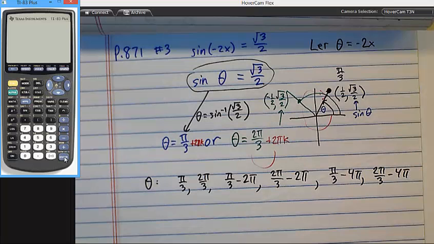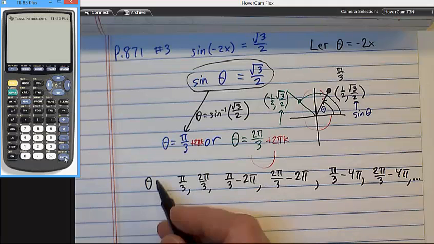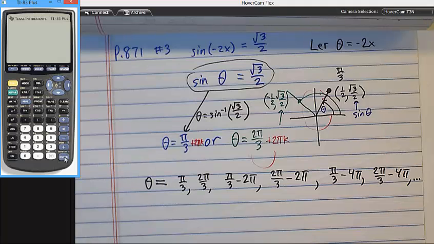There are lots of solutions. I can put dot, dot, dot. And it's funny because when I did this last week, I think I was putting plus more often than minus. But here I decided to put minus. And I think you'll see why in a moment. Because these are all different things that theta could equal. But remember, what does theta equal?